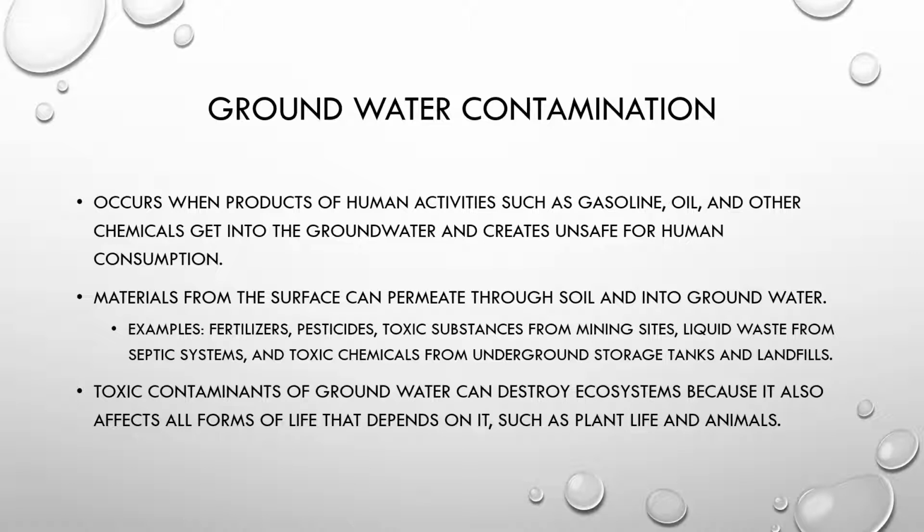Even liquid waste from a leaking or faulty septic system can get into our groundwater, which is our drinking water. And because groundwater is connected to plant life and animal life, it can destroy ecosystems, and ecosystems are very vital to human life here on Earth.